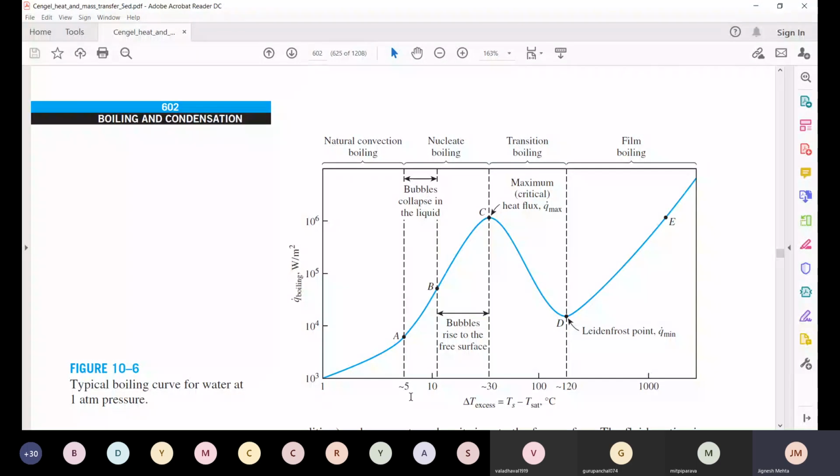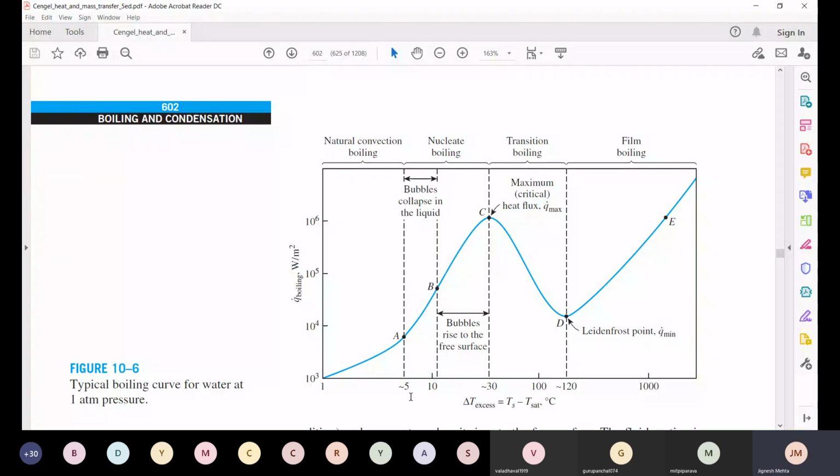they detach from the surface, the hot surface, and basically heat up, and beyond around 12-15 degrees, what you find is that the bubbles resurface, right?